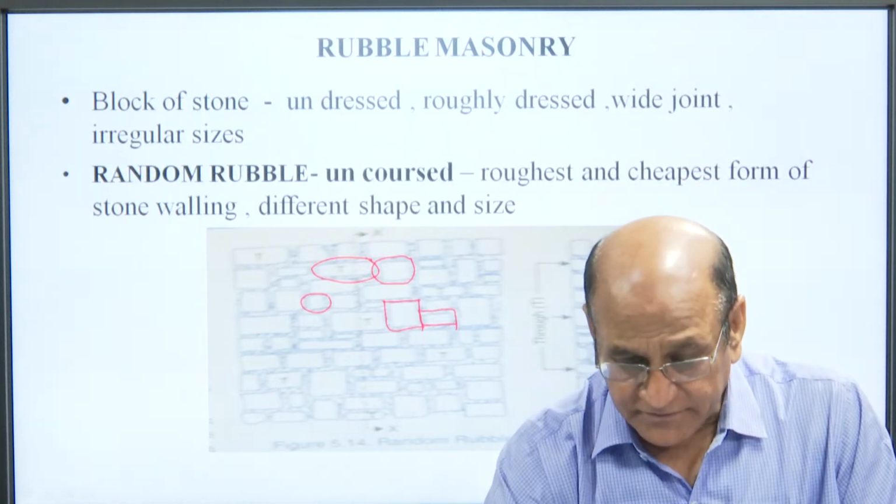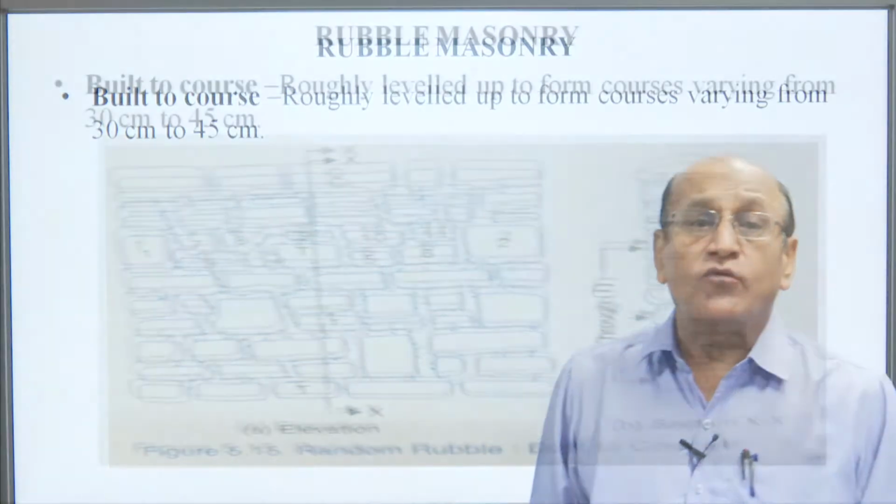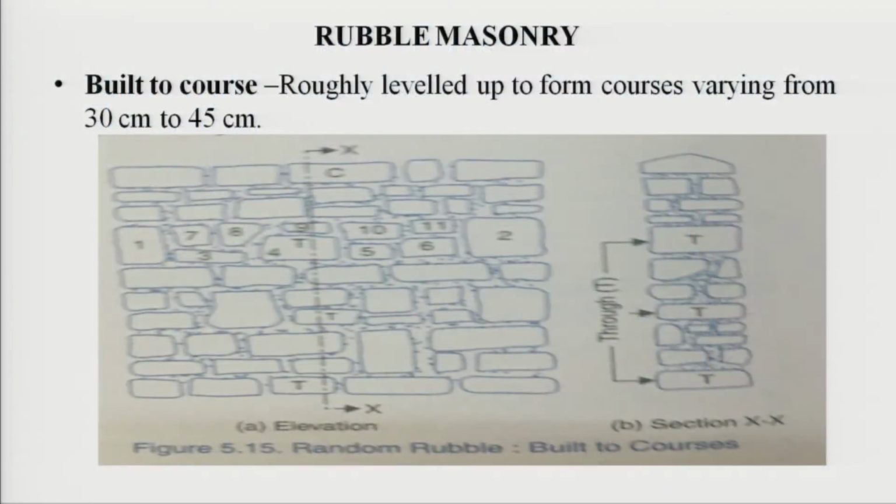The next is built to course. Here we can see it is roughly leveled. We can say this is a slightly higher class of stone masonry. It has been roughly leveled up to form courses varying from 30 centimeter to 45 centimeter.